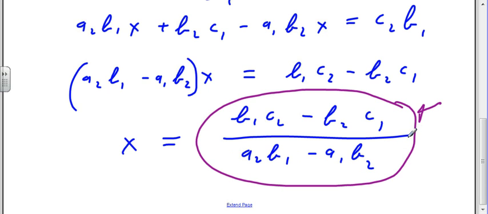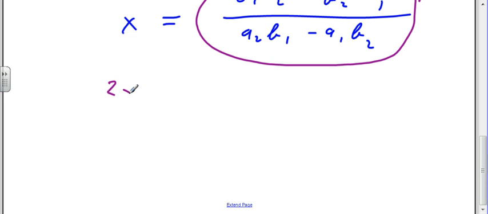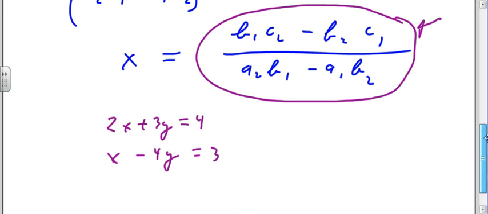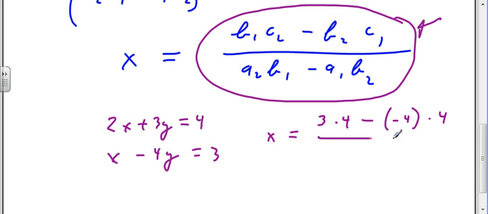So I could say 2x plus 3y is equal to 4, and x minus 4y is equal to 3. And I could just say, well, what's x? Well, x is going to be b1, so that's a 3, times c2, which is 4, minus b2, which is a minus 4, times c1, which is a 4, divided by a2 times b1 minus a1 times b2.